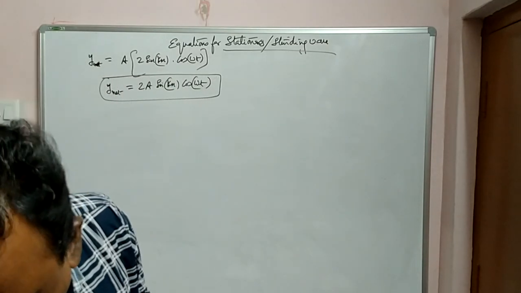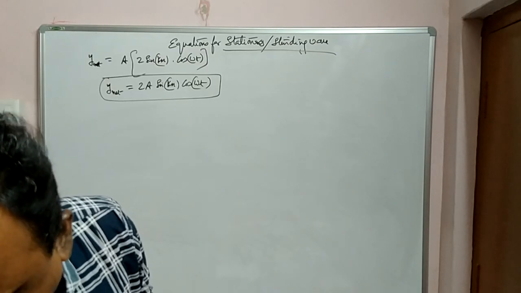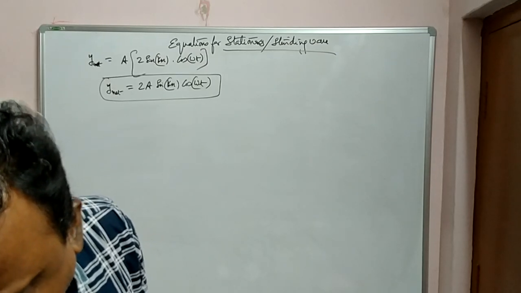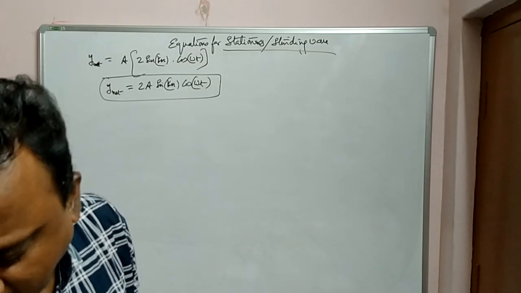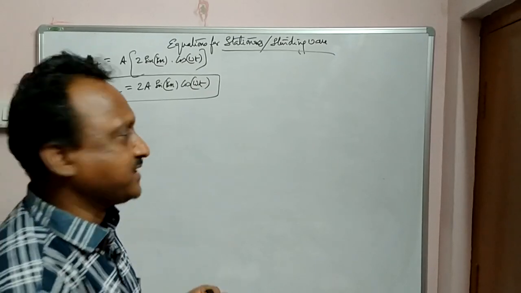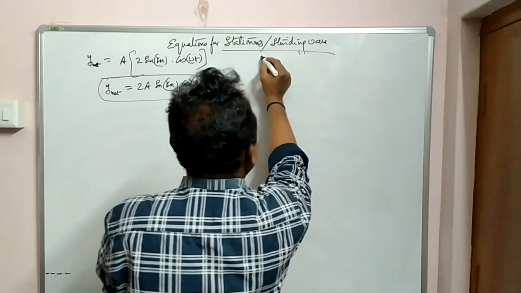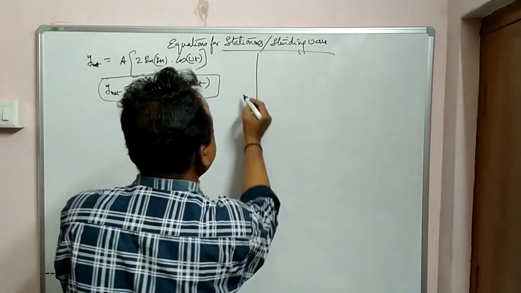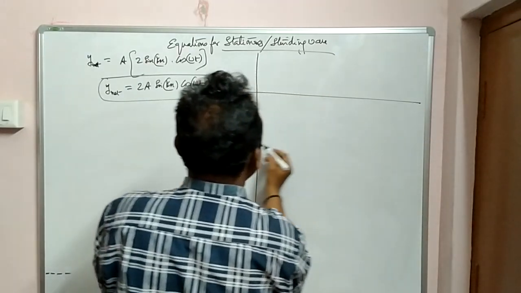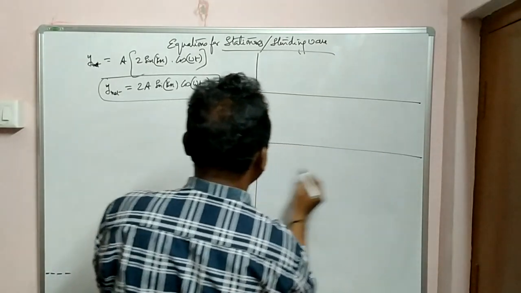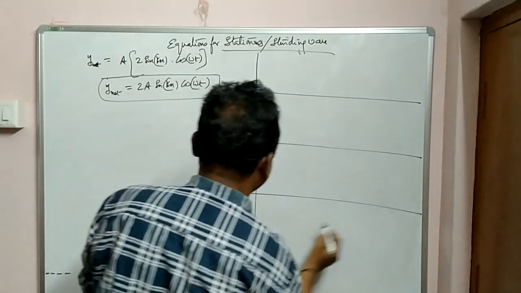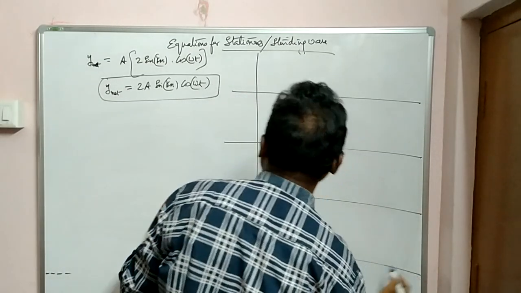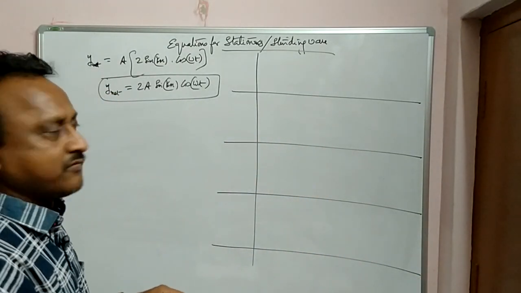Not only that, you can also draw a graph for this wave and explain it. You can draw a graph for this wave. See like this. In what fashion?